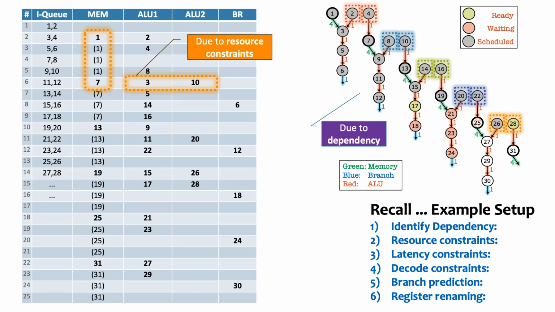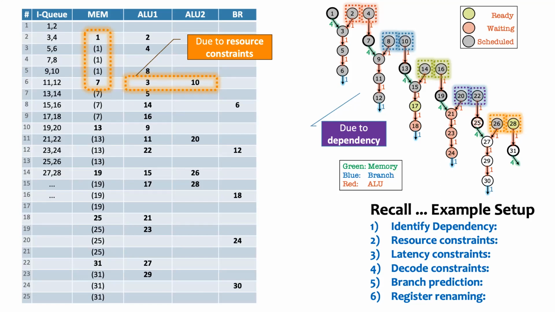And also because we have two ALU units, that allows us to schedule 3 and 10 in the same cycle. So if we only have one ALU unit, 3 and 10 cannot go into the same cycle. If we have two memory units, 1 and 7 can run in parallel. That's where resource constraint is critical for the scheduling of DFG.